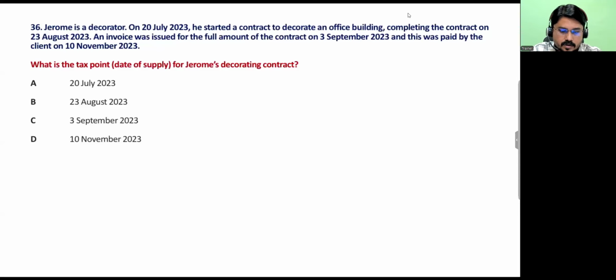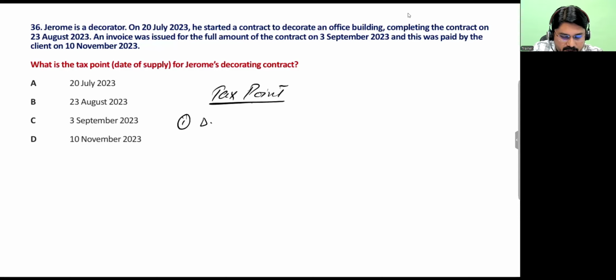This question is also asked from VAT, and the concept named tax point is tested. In tax point, we need to decide for which quarter the VAT would be pertaining. In tax point, there are three different timelines.